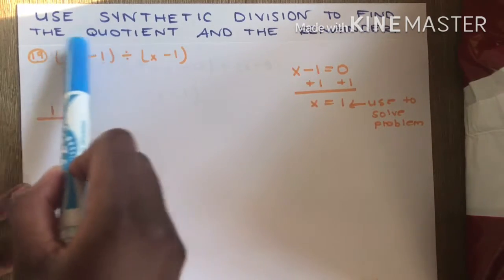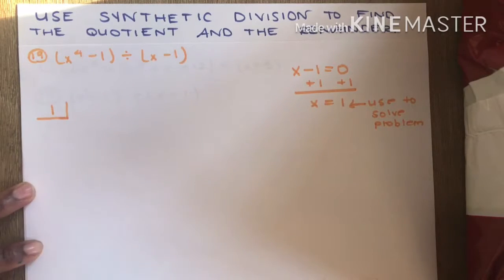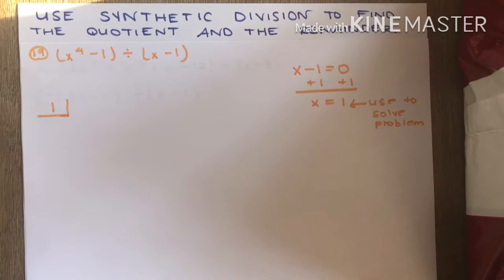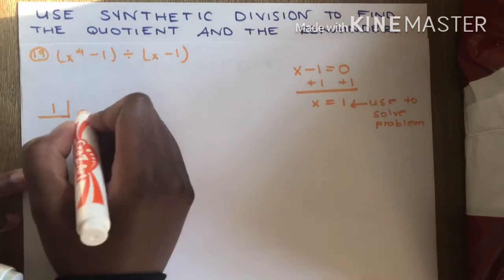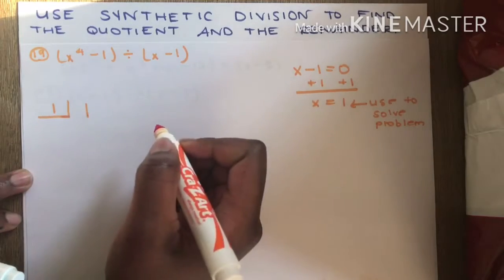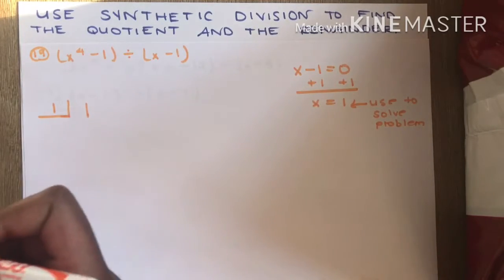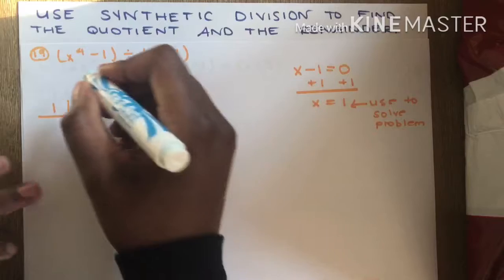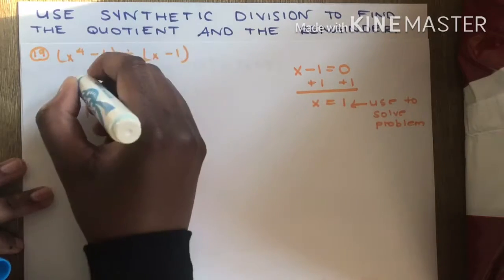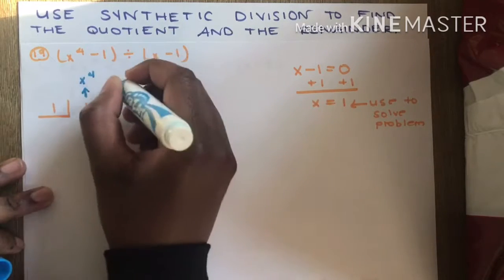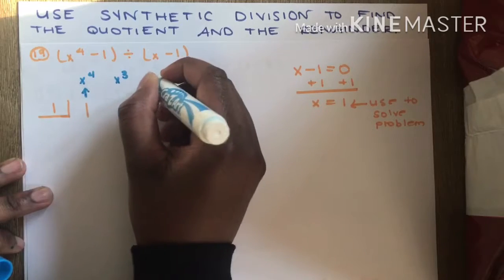So now we have to determine the numbers that would be under the brackets in long division, and we're going to get that from the coefficients of the x raised to the 4th power minus 1. So like I said, the numbers we're using are the coefficients of these values. We have to use each coefficient of each degree of this term.